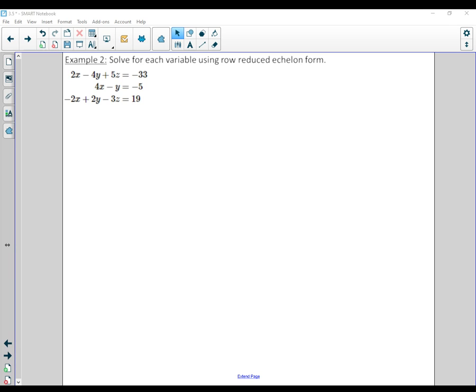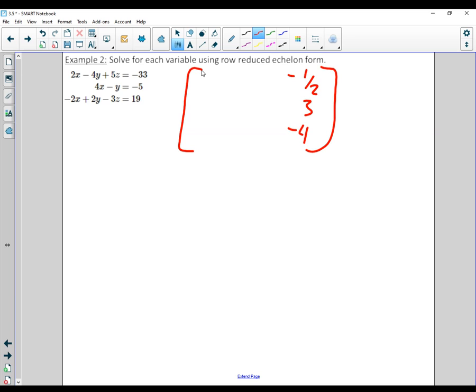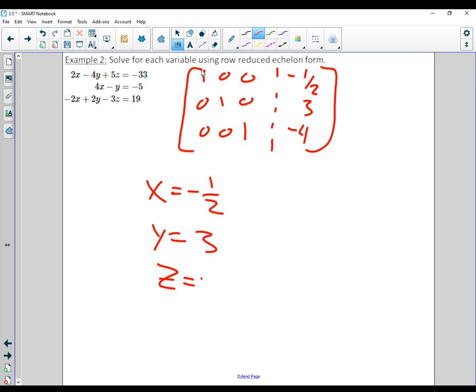We know what 0.5 is, but maybe if you had a more complicated one, you could hit math, and then the first one is frac. Puts it in fractions. So -1/2, 3, -4. And it was 1, 0, 0, 0, 1, 0, 0, 0, 1. That's a really fun, quick way to find answers to those, huh? You can do it with 2x2s as well.